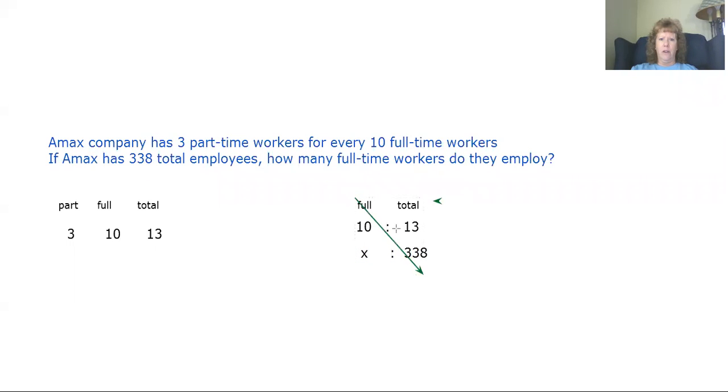So let's cross multiply. We'll have 13x and 3380.